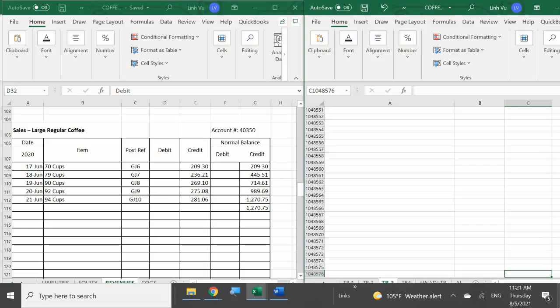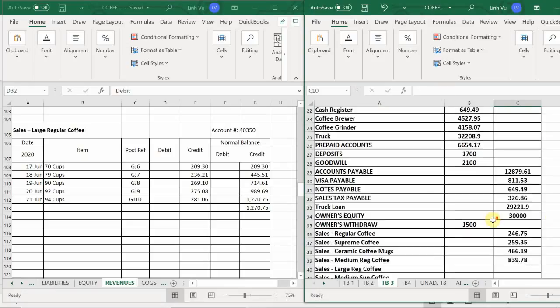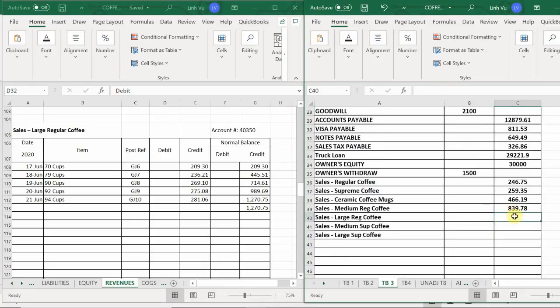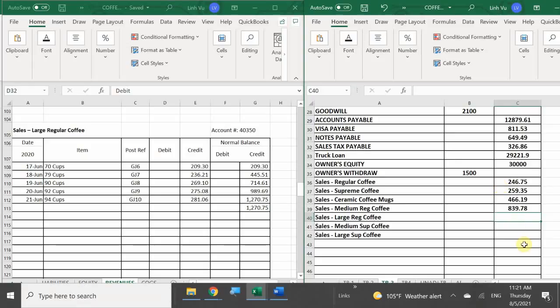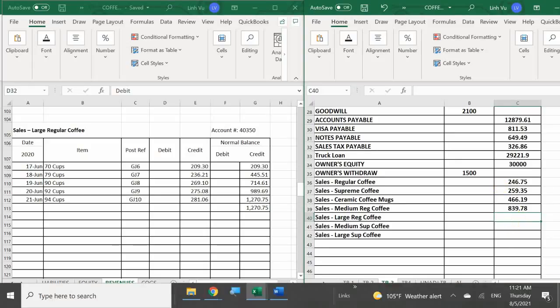Wherever my home key is. Okay, so my sales for the large regular coffee was $1,270.75. Okay.